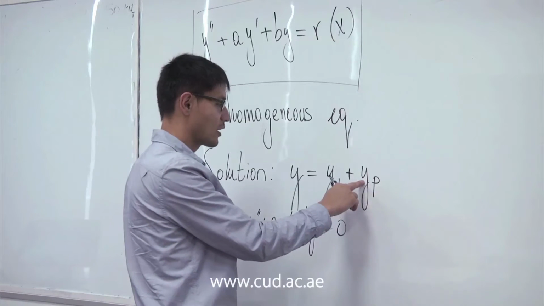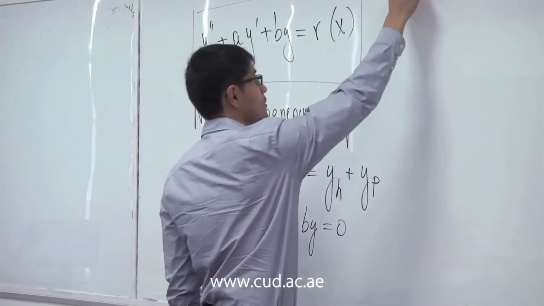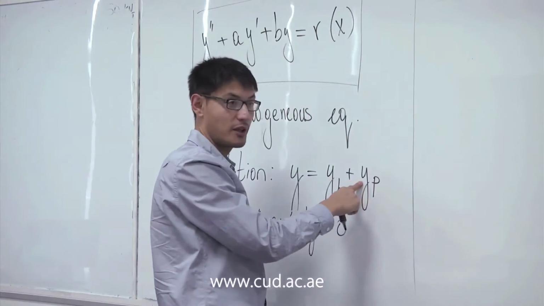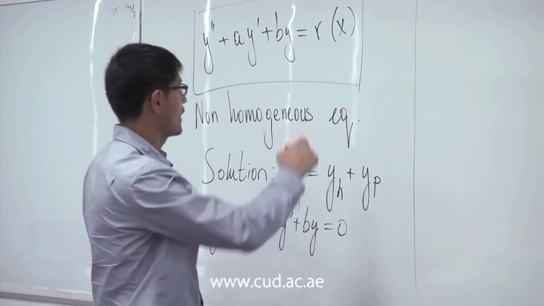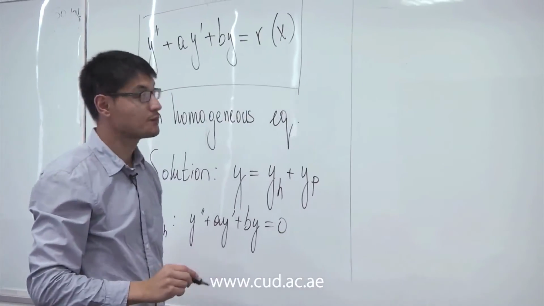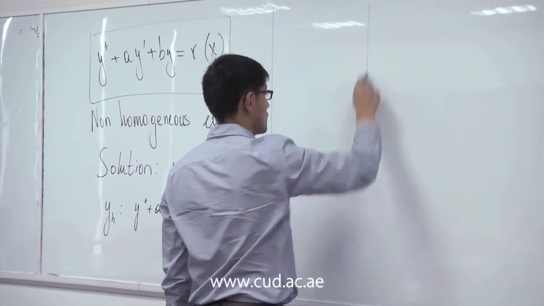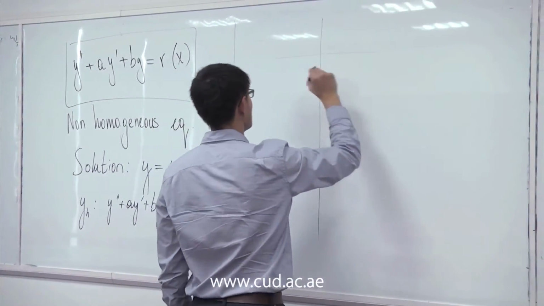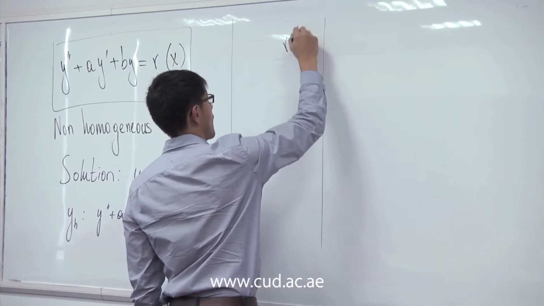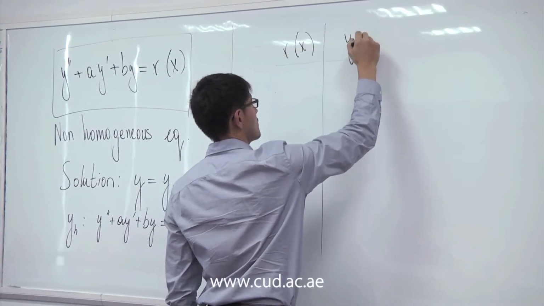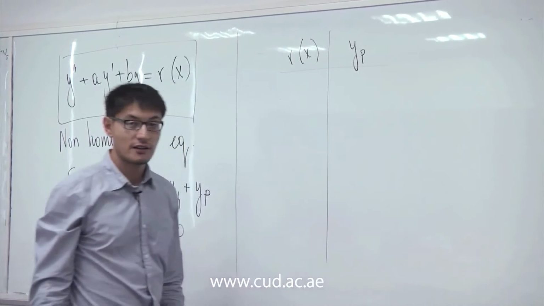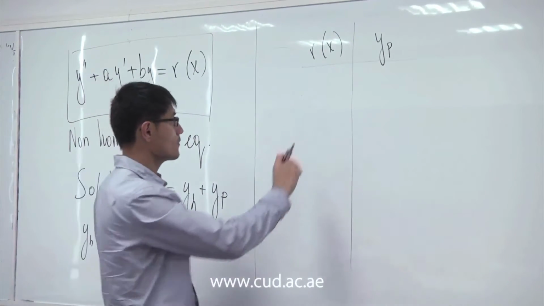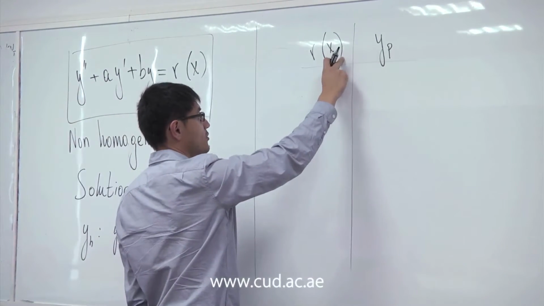To get the second part of our general solution, yp, we have to look at r(x). So we have a table that tells us how to find yp. And yp, as I said, depends on r(x).